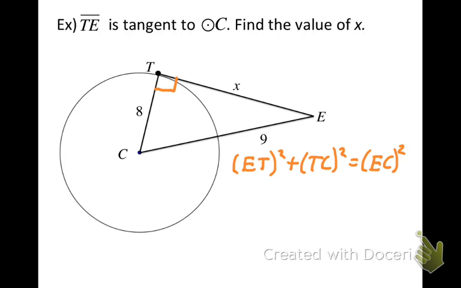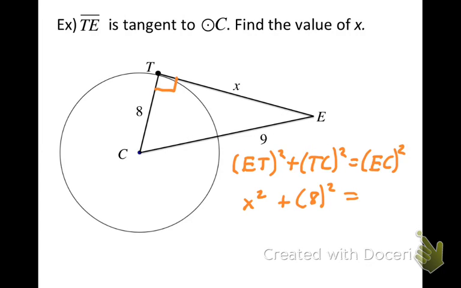Okay? Now, I could also very easily make expressions for the length of ET, that's just x, and the length of TC, that's just the radius 8. But it seems like it would be difficult to make an expression for the length of EC, because I've only told you how far it is from E to the circle, not how far it is from E to the center of the circle.